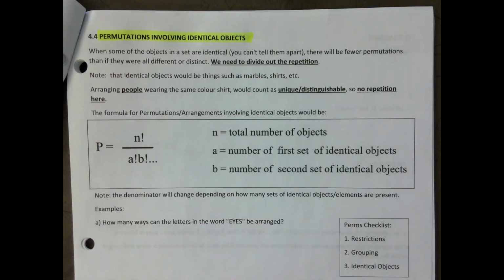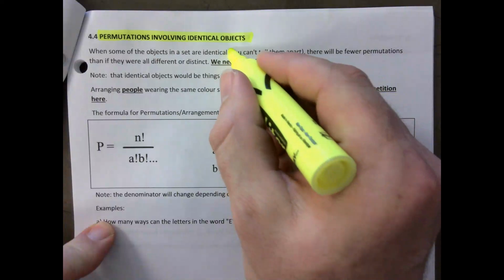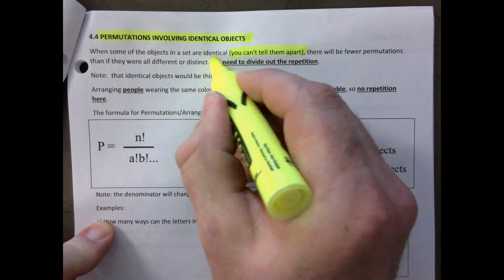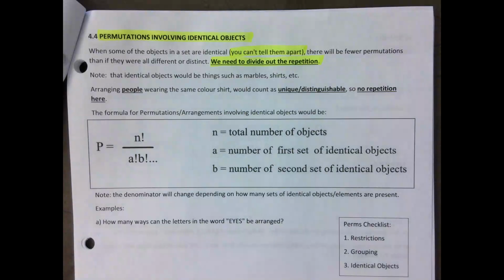Marbles, the same thing, this one and this one. So if you cannot tell them apart, we need to divide out the repetition. We need to not count the fact that that permutation exists. We don't want to double count because we can't tell the difference. Okay?